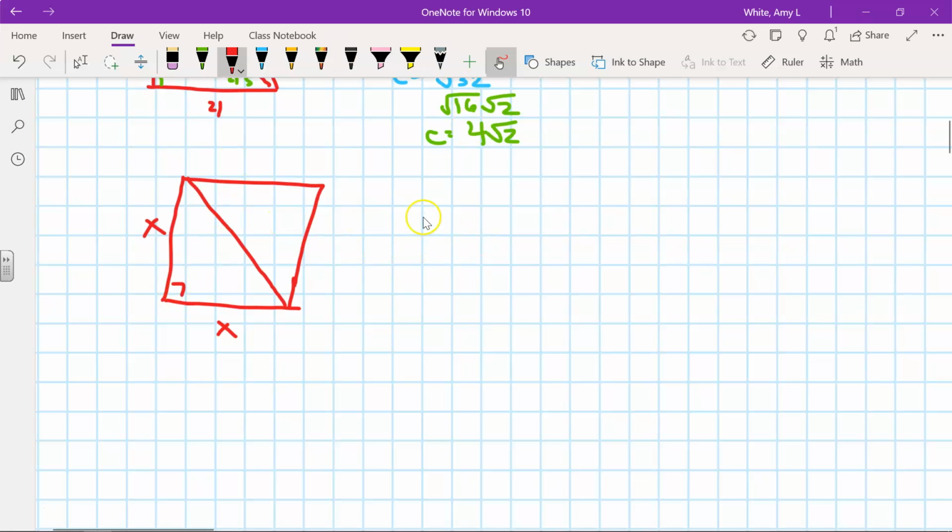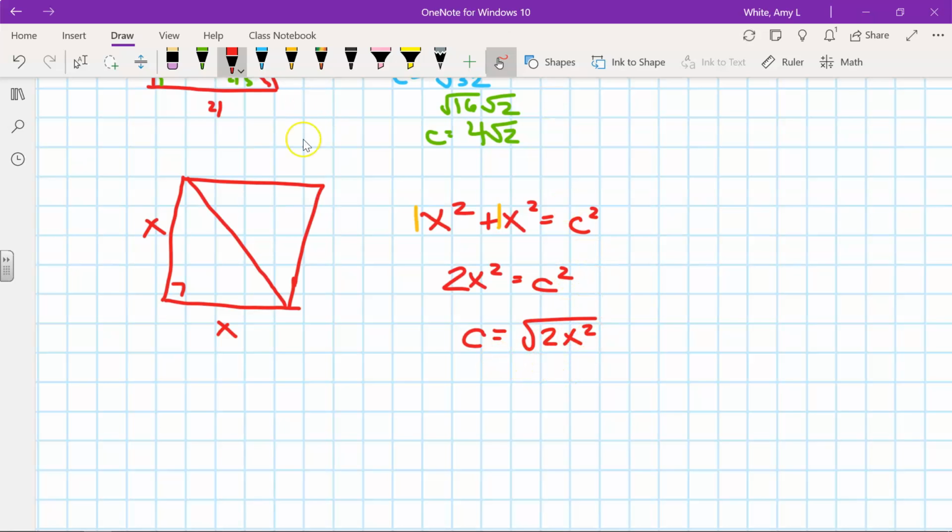So I'm going to have x squared plus x squared equals c squared. If I add up x squared and x squared, remember when we're adding like terms, those have that invisible 1 coefficient. So I have 2x squared equals c squared. I can take the square root and we get that c is the square root of 2x squared.